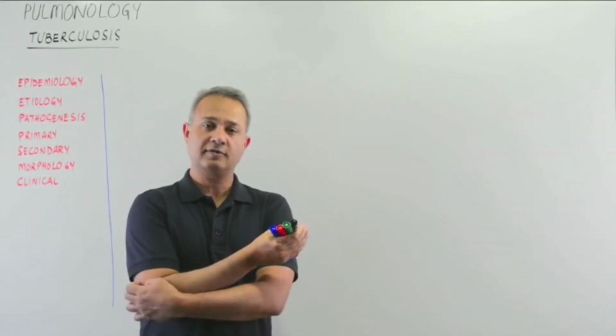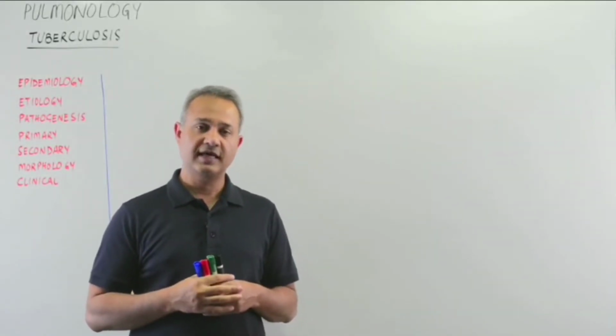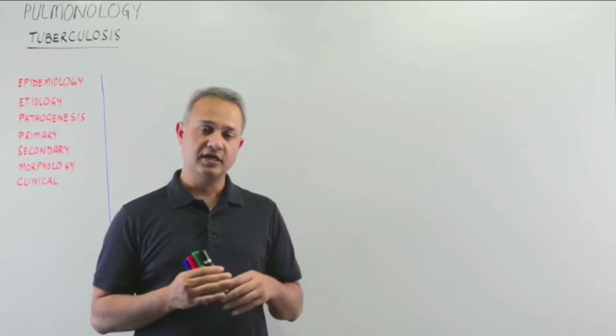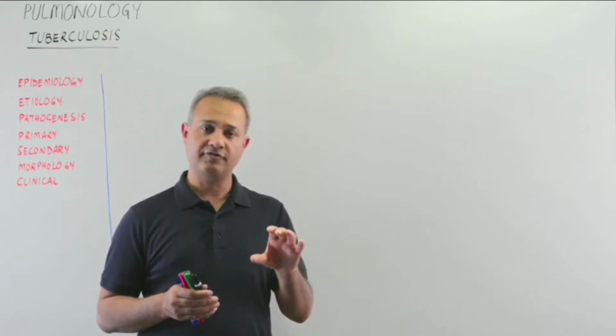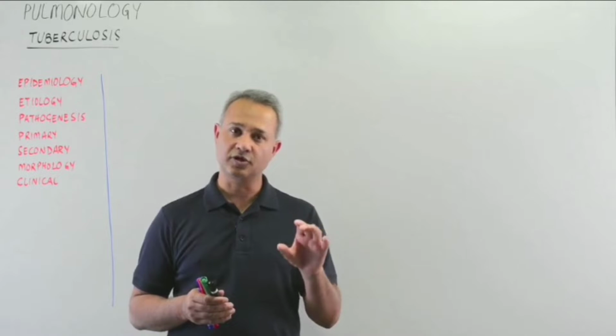Okay, so guys, we're talking about the respiratory system pathology, and the topic is tuberculosis. Now we are doing the second part of it, and that is the secondary tuberculosis.